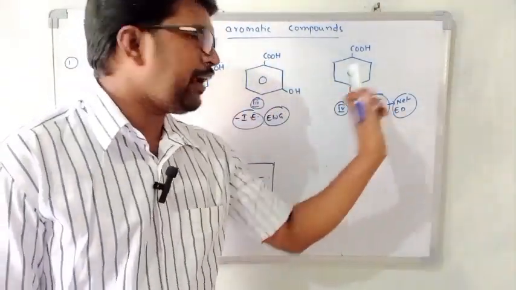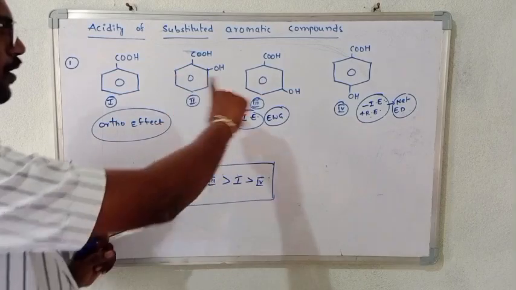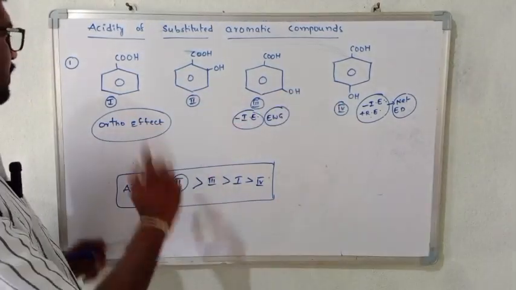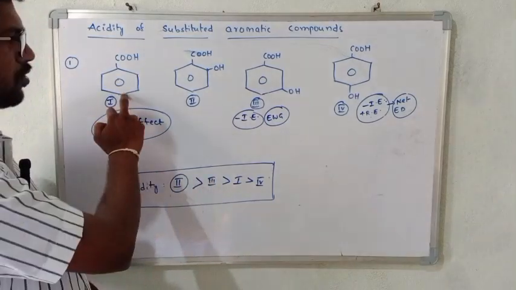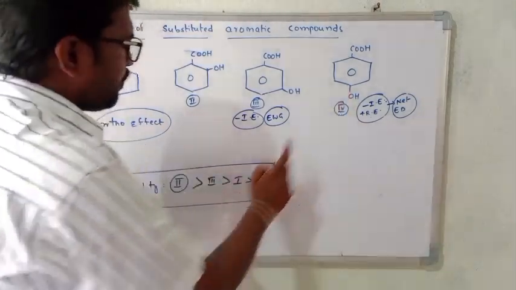So the acidity order is ortho first, then meta, then the standard condition, and the least is para.